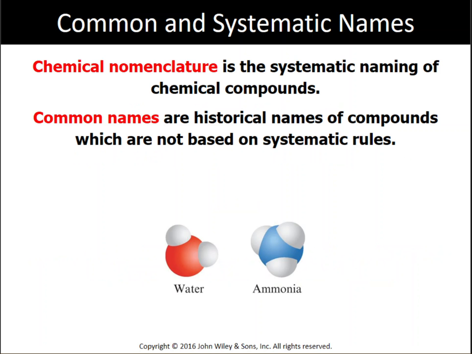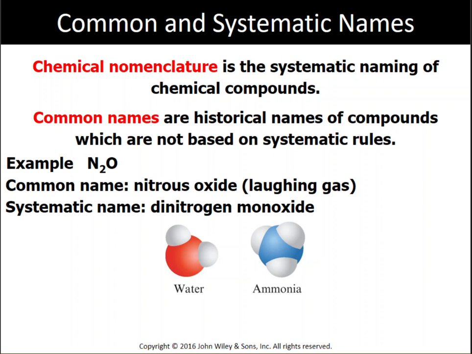So there are two ways of naming compounds. One is the common name, which usually represents some characteristic or property of a compound. For example, dinitrogen monoxide is called nitrous gas, or laughing gas.